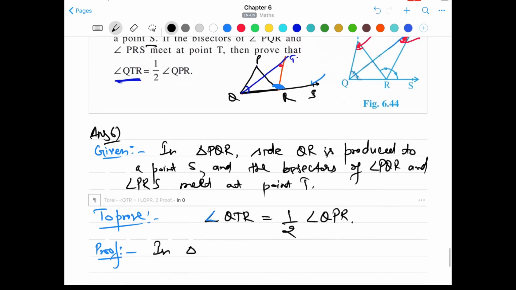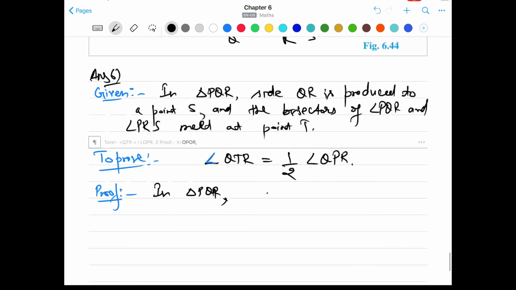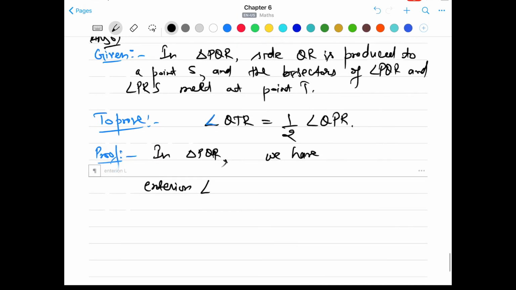Okay, so we'll write: in triangle PQR we have the exterior angle. That exterior angle is angle PRS.